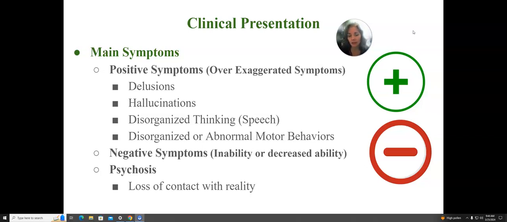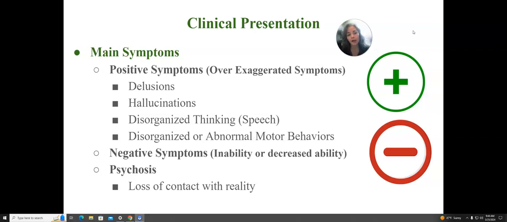Brain scans can actually show that our brain areas do light up. So when we're having auditory hallucinations, we have brain areas that light up that would be consistent with actually hearing those voices.